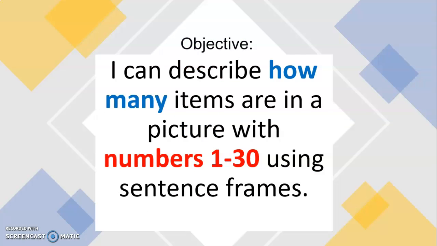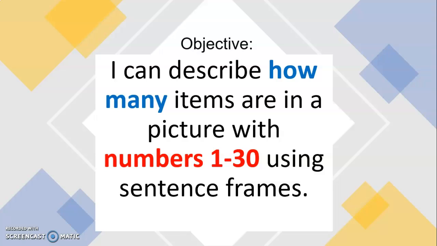So our objective today is: I can describe how many items are in a picture with the numbers 1 through 30 using sentence frames. How many significa cuántos o cuántas.